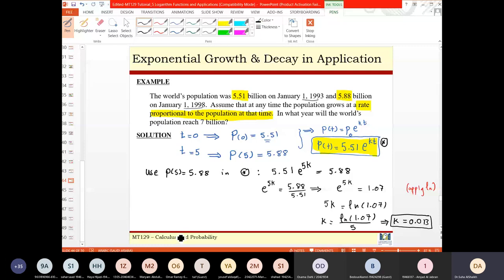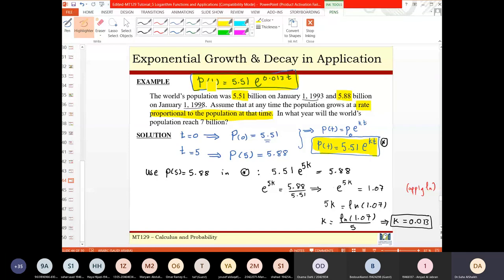So amazing. Now I have the p naught, I have the k. So my formula is P of t equal to 5.51 exponential, and the k is 0.0135, and here is the formula. This is the full formula for the growth. عندي ال p naught, عندي ال k, all are with me.